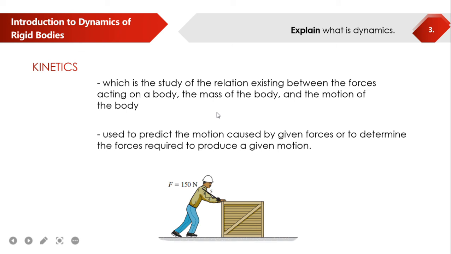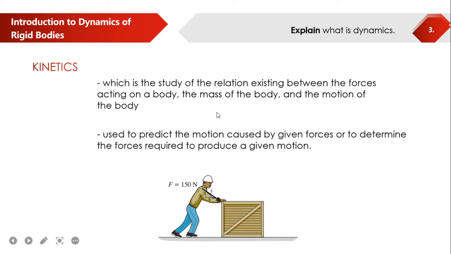We can predict why it moved, what caused it, and what force is required to produce a given motion, like how much load to apply so that it moves a certain distance from its initial point. That is kinetics.